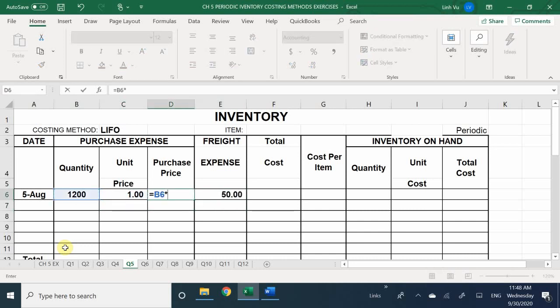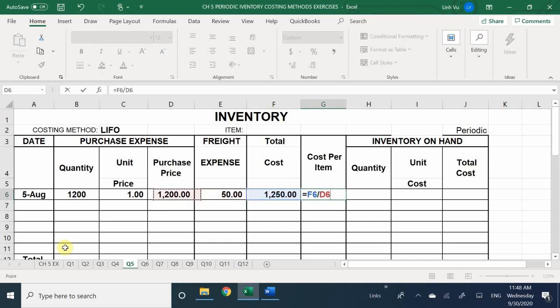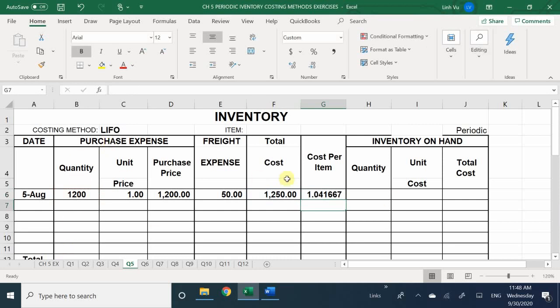Making my purchase price 1,200 times $1, which gives me 1,200, and our total cost is going to be 1,200 plus the $50, which should give us a total of $1,250 to bring our cost per item to $1.0416. Here we know that this number has been expanded because it doesn't stop there. It's going to be ongoing.